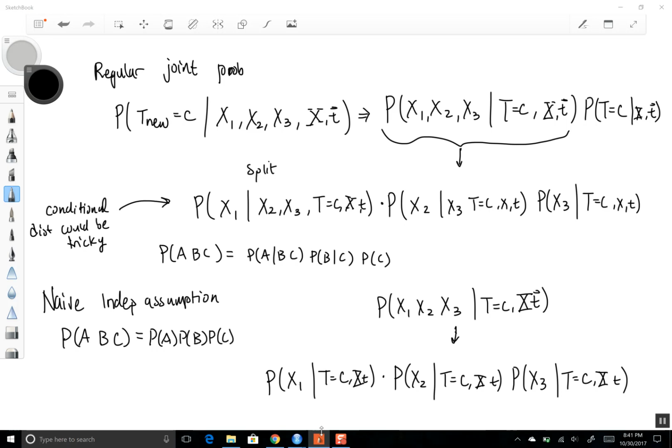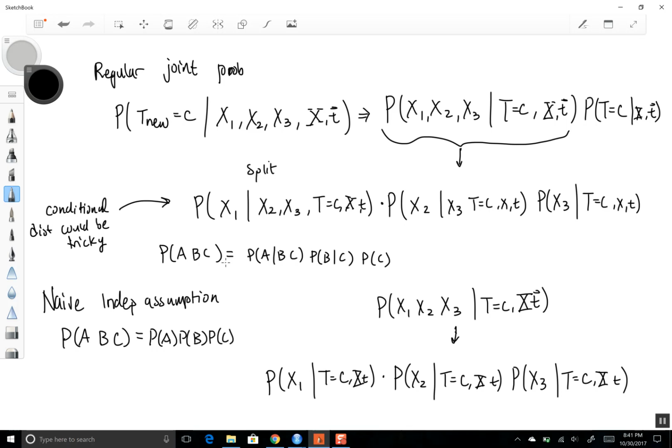If it's anything more complicated than a multivariate normal, which plays fairly nicely with us, then technically the probability of A, B, C is the probability of A given B and C, times the probability of B given C, and times the probability of C, right?